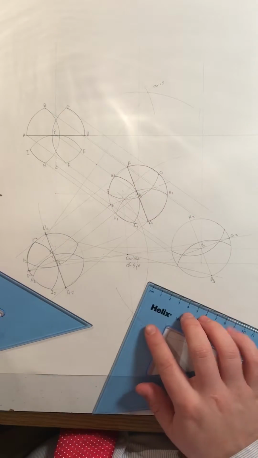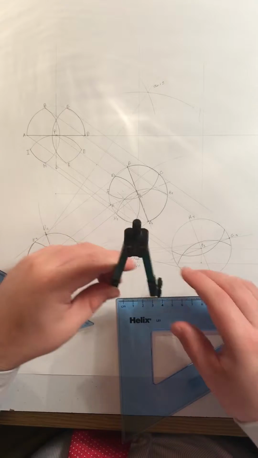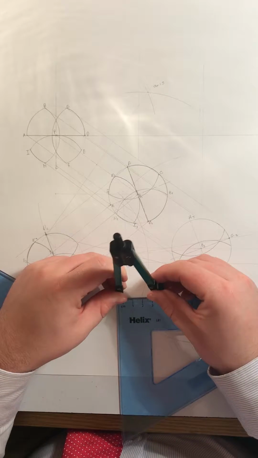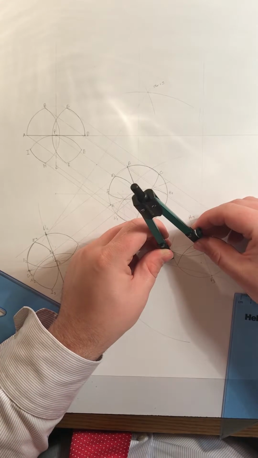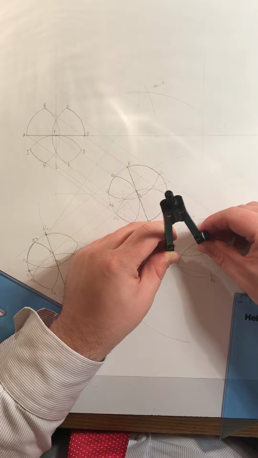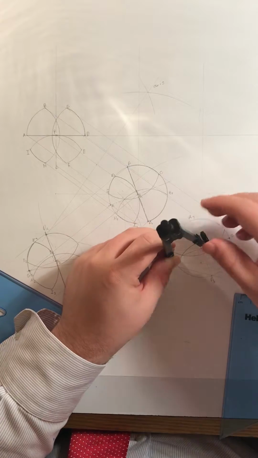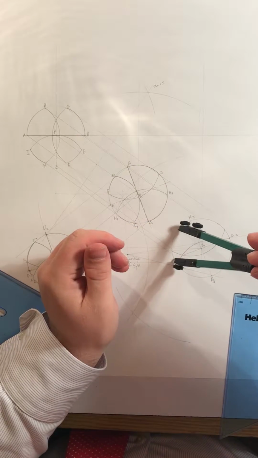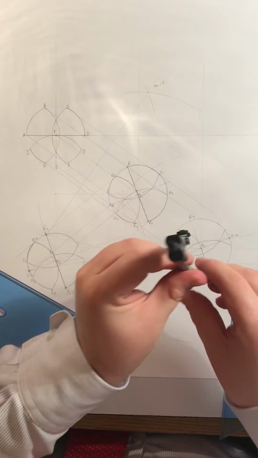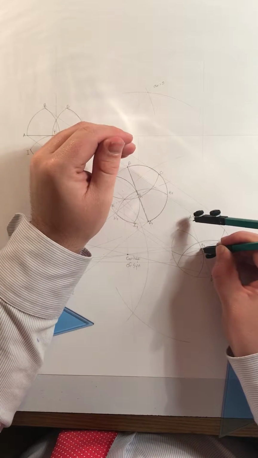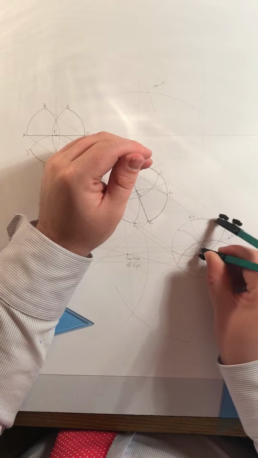And then now I'm going to set my compass to radius 30 and swing from G. So radius 30 here.